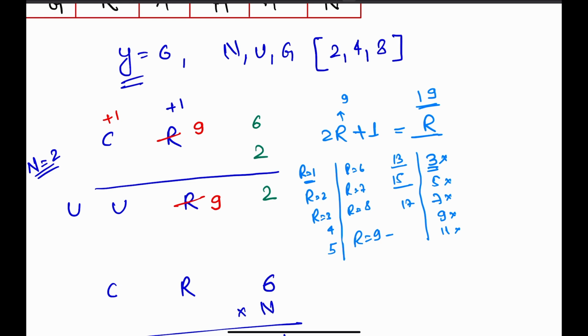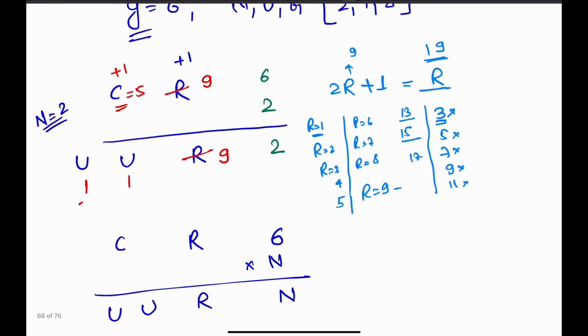So 2 into 5 only, because we want 2 digits. So 2 fives are 10, 11, so C could be 5. Then 2 sixes are 12, 13, 14, 15, 17, 19. So yeah, my C will be 5, and my U will be 1 and 1.